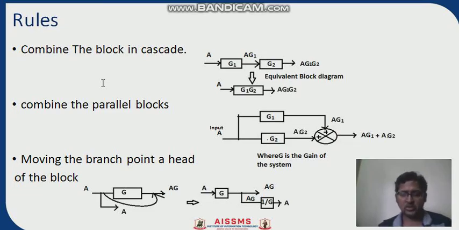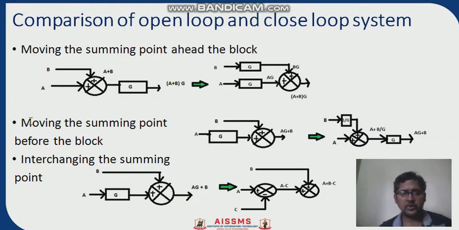This can also be represented with the branch taken after the gain, at AG, and if there is a block of 1 by G, the value at that point will again be the same as A. As per the choice of how to reduce the block diagram, one has to go for any one of these.